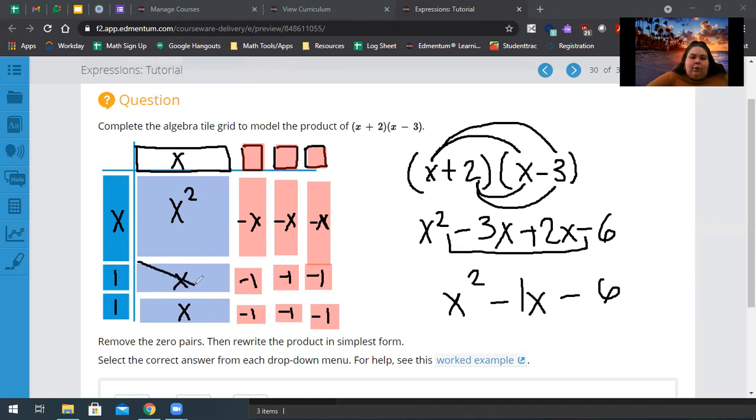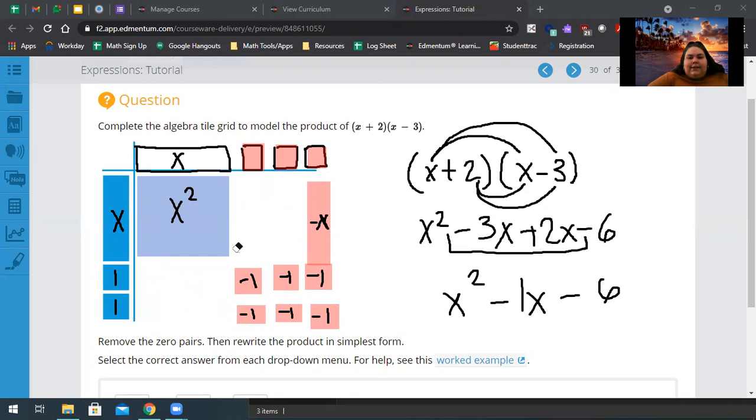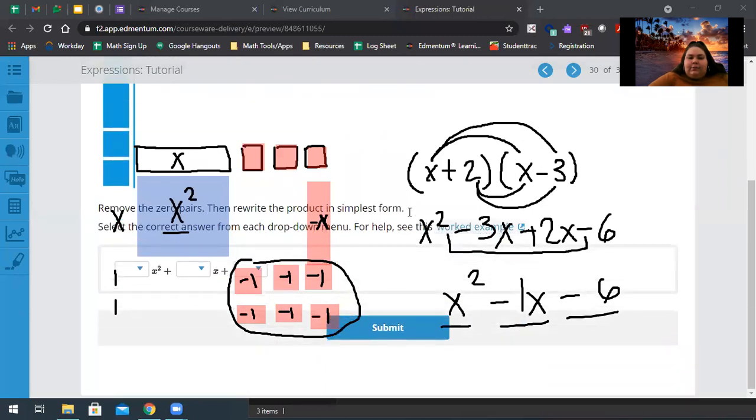I have a positive blue x, I can erase a negative x. Another blue x, I have another negative x. And if I take a look, can't cancel out anything else. So I'm left with x squared, my negative x, because I have one tile of that, and then I have 6 of the -1 tiles, or -6. So again, it represents the same thing, but this is a little bit more time consuming.